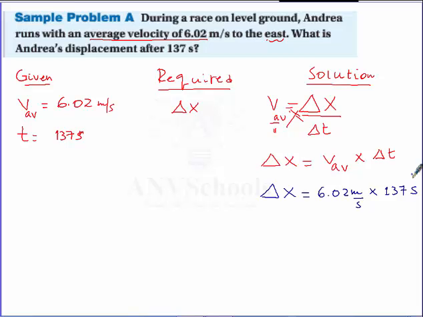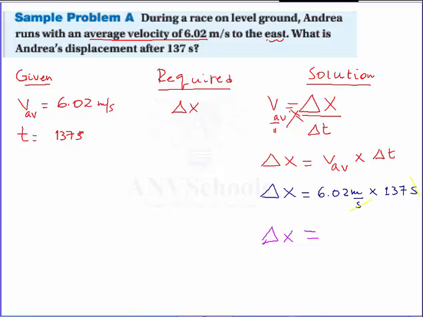You cancel out the seconds, and we are left with the displacement, which is the product of these two numbers.